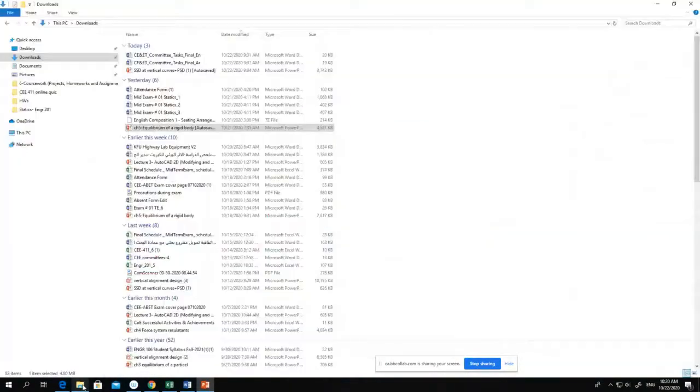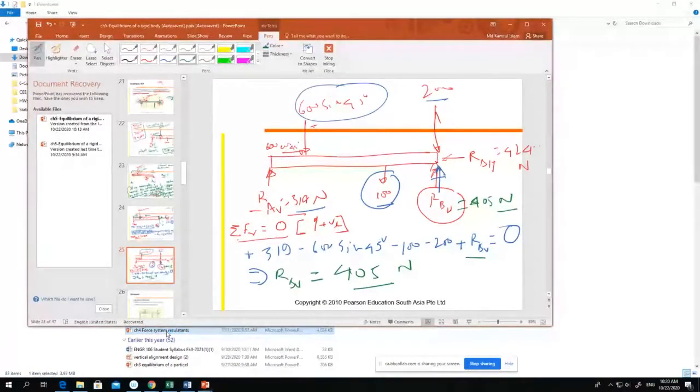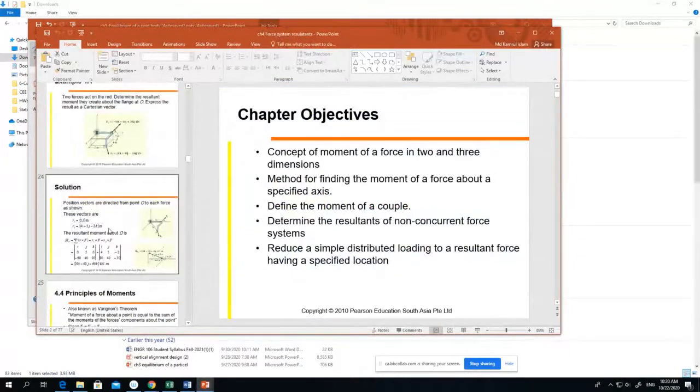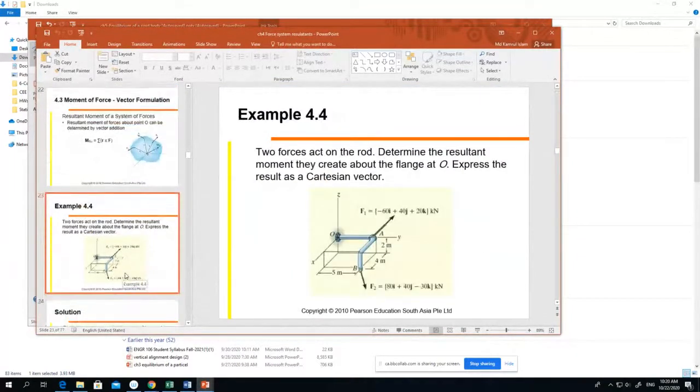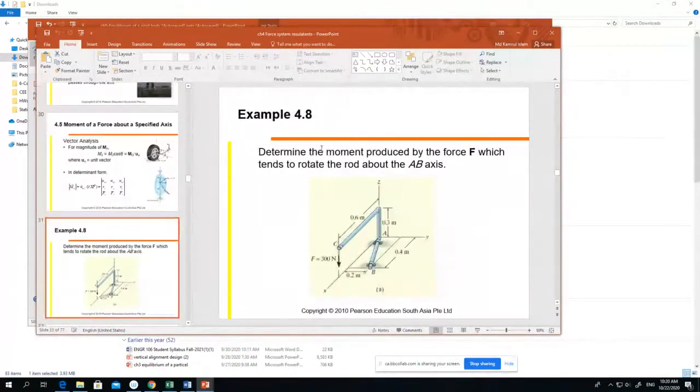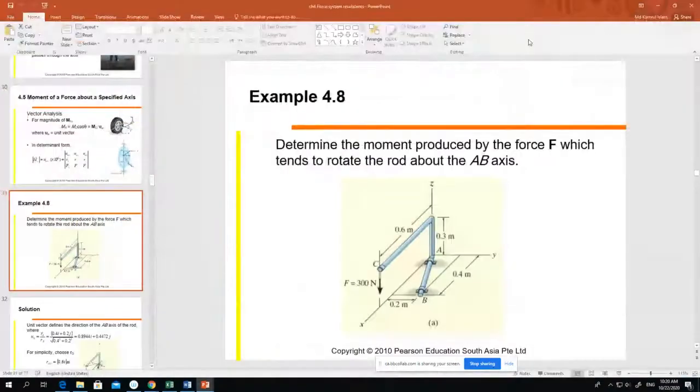In the example, they take the F without multiplying by the UAB. Why here? Let me check. You're talking about this one, right? Yes. Tell me what's the problem.